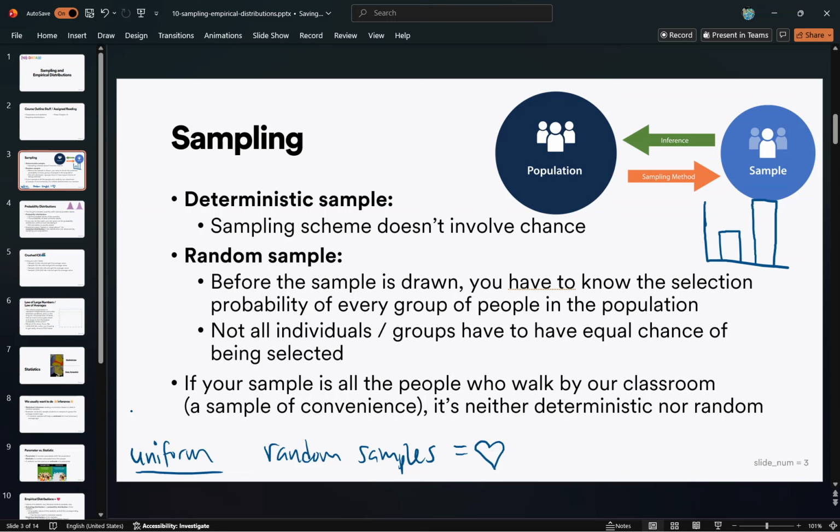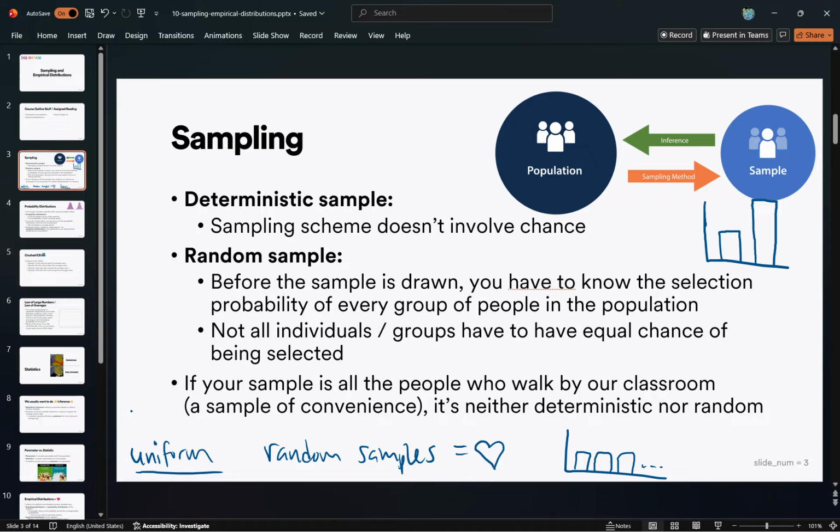A uniform random sample is where everybody has an equal chance. The probability of this person getting chosen to be part of our survey, this person, all the way for everybody in the US, they all have equal chances of being sampled. That's a uniform random sample. Does that make sense? That's like going off the voter lists and randomly picking people, just perfectly randomly.